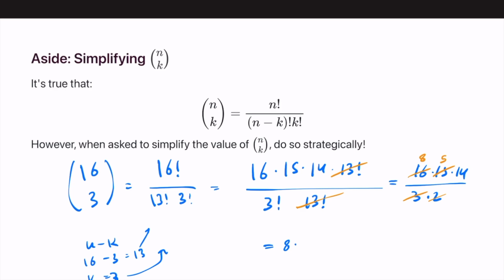So that's 8 times 5 times 14. So this is 40 times 10, 400. 40 times 4, 160. So 560.